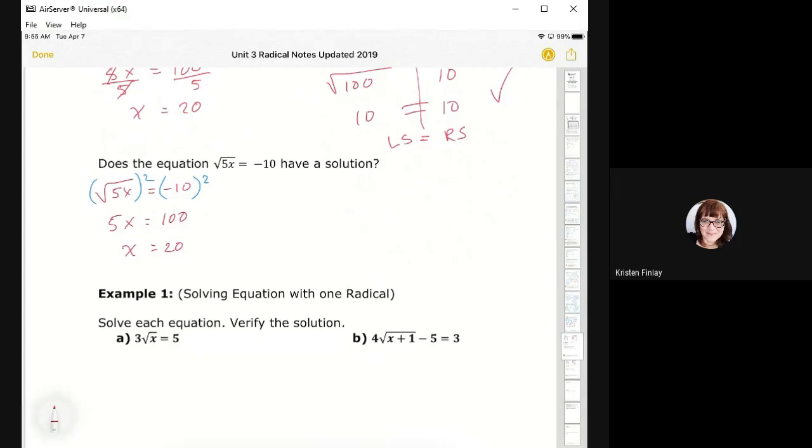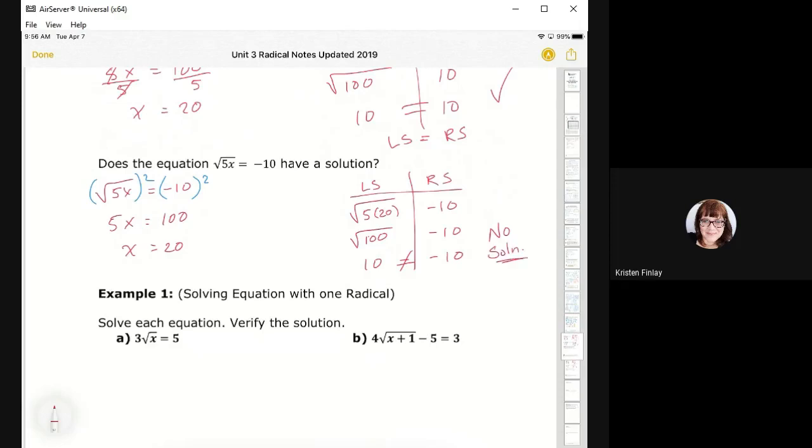But when we test this, left side versus right side, the square root of 5 times 20 equals -10. So we get the square root of 100, and our -10 stays the same here. Here we're going to get 10 and -10. Well, those do not work. So there is no solution.